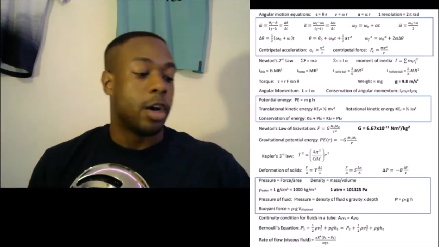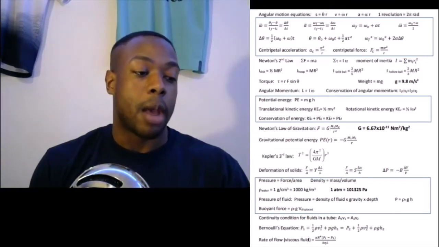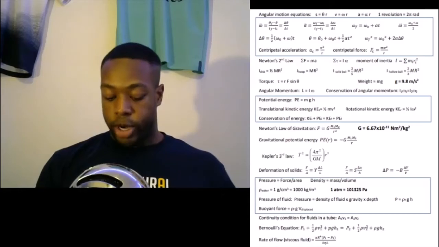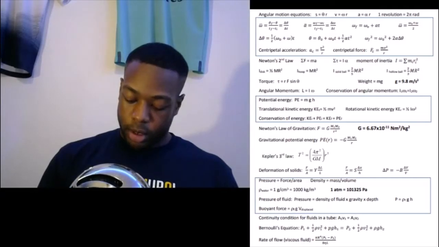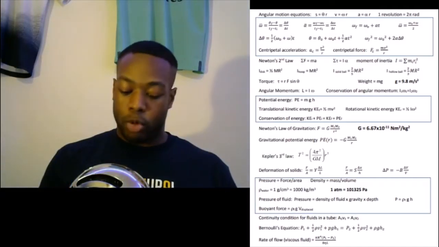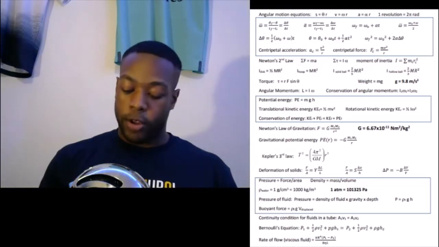So inertia of a hoop, because it told us the hoop, is going to be m times r squared, mass times radius squared. I'm going to sub that in. Mass of that hoop is going to be 1.8, and the radius is going to be 0.35.